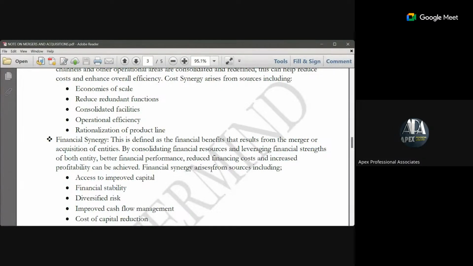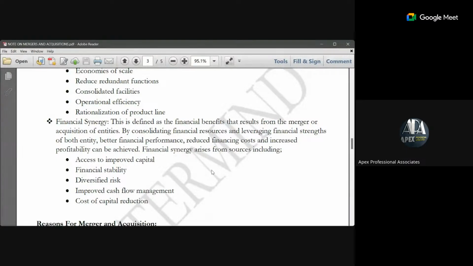Then we'll talk about the sources by which financial synergy can arise. We say access to improved capital. So when businesses merge or there is acquisition of entities, it can create access to improved capital.